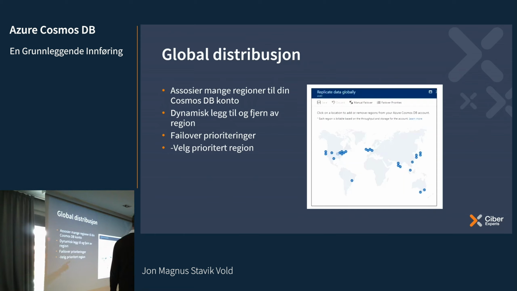And you can click on all data centers, and then you will have a global database. And it says dynamically add and remove regions, and it has failover priorities, so that you can choose the preferred region.